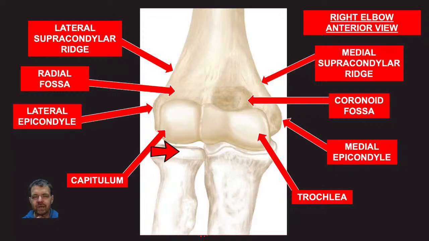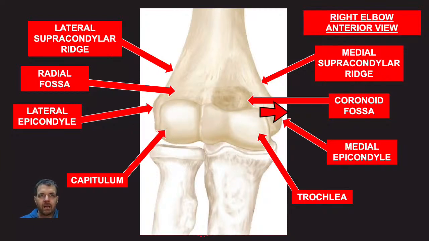So where the radial head joins with the humerus, that knuckle part there is called the capitulum, and where the ulna joins with the humerus, that bow-shaped bone, that's called the trochlea. So trochlea on this side, capitulum on the radial side.